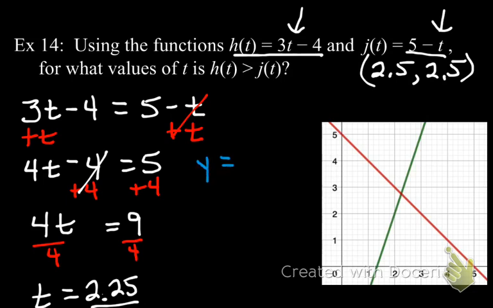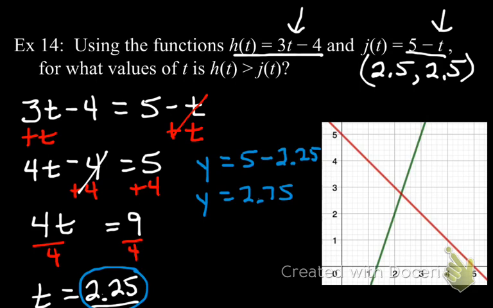So y equals 5 minus 2.25, and on your calculator that's 2.75. So the actual ordered pair where these things intersect is the point 2.25, 2.75. I ran out of space, but you know it's a 2.75.